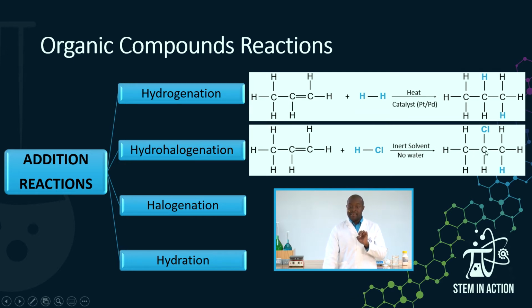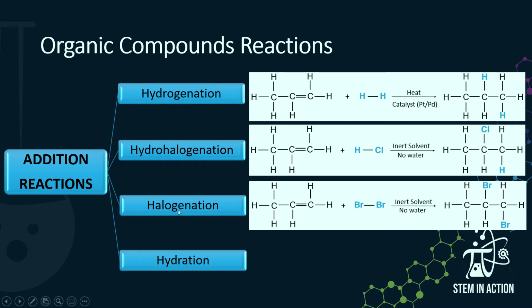Or it is added to the carbon that has the least number of hydrogens, or that is bonded to the most number of other carbons. If you compare this carbon and that carbon, you notice that this carbon is not bonded to any other carbon, but this carbon is bonded to 2 carbons. So the halogen is going to be added to the carbon that is bonded to the most number of carbons, which in this case is that carbon. Or you can say it's going to be added to the carbon that is bonded to the least number of hydrogens. Or you can say it's going to be added to the most substituted carbon.